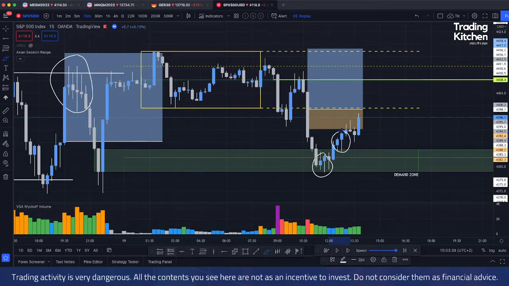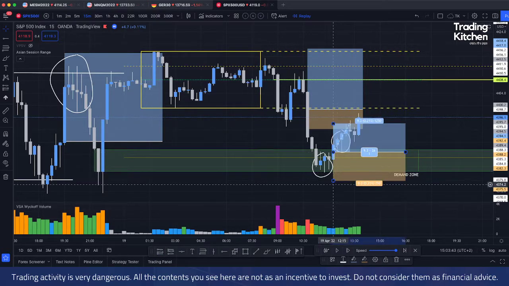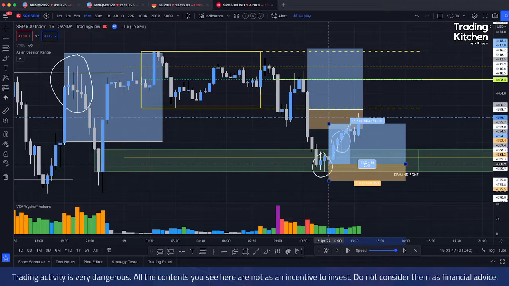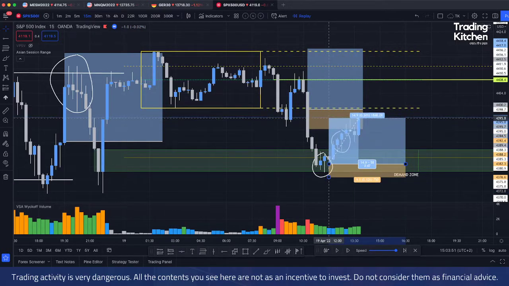So this is the entry, or you can better wait for the 50% of retracement and go long 1-3.